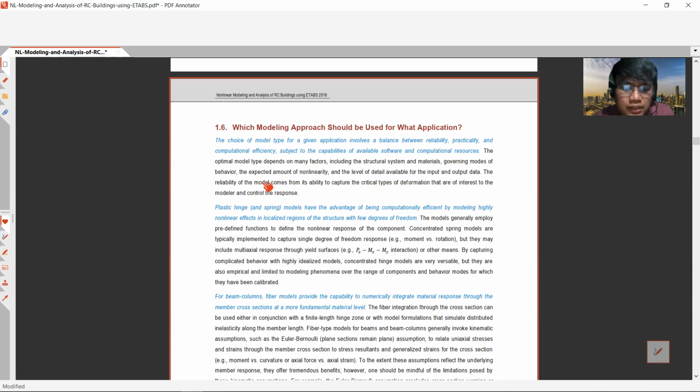Okay, so the reliability of the model comes from its ability to capture the critical types of deformation that are of interest to the modeler and control the response. Okay, so this one, syempre, we as a structural engineer, meron lang tayong three criteria, di ba?